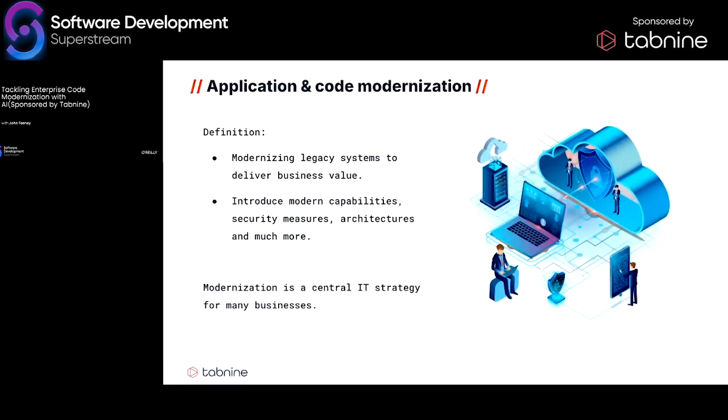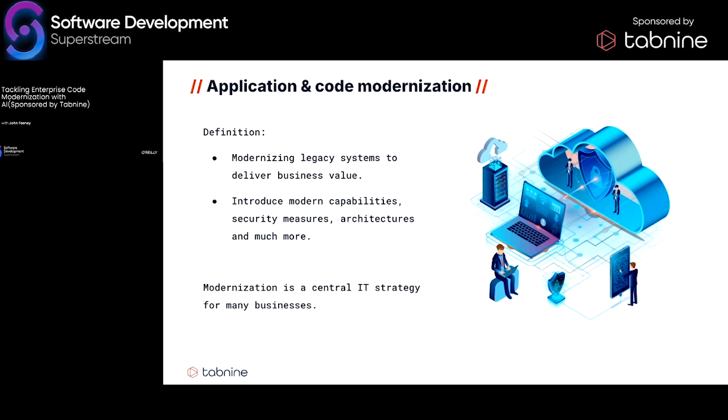Okay, I'm going to kick things off with a definition, right? So what do I mean by application modernization? We're talking about taking an old system and upgrading it to modern standards and requirements to deliver business value. As business operations evolve over time, the systems that power those operations need to evolve too, but that doesn't always happen, right?